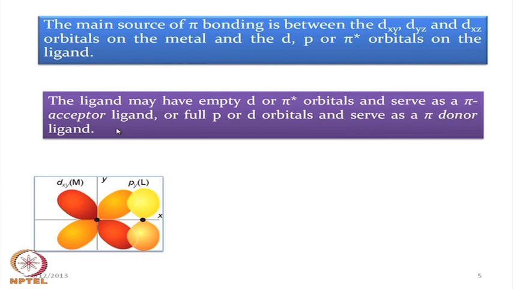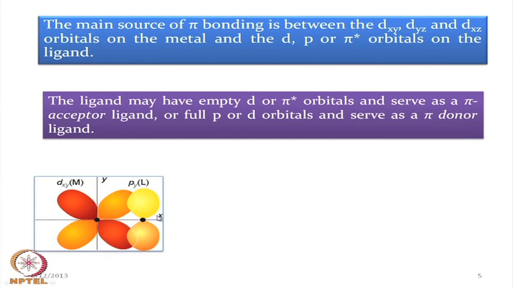So, similarly to what we have discussed so far for sigma bonding interactions, it can also have sigma donor capability as well as sigma accepting capability, though sigma star orbitals are pretty high in energy and may not be utilized for acceptance of the electron density from the metal orbital.